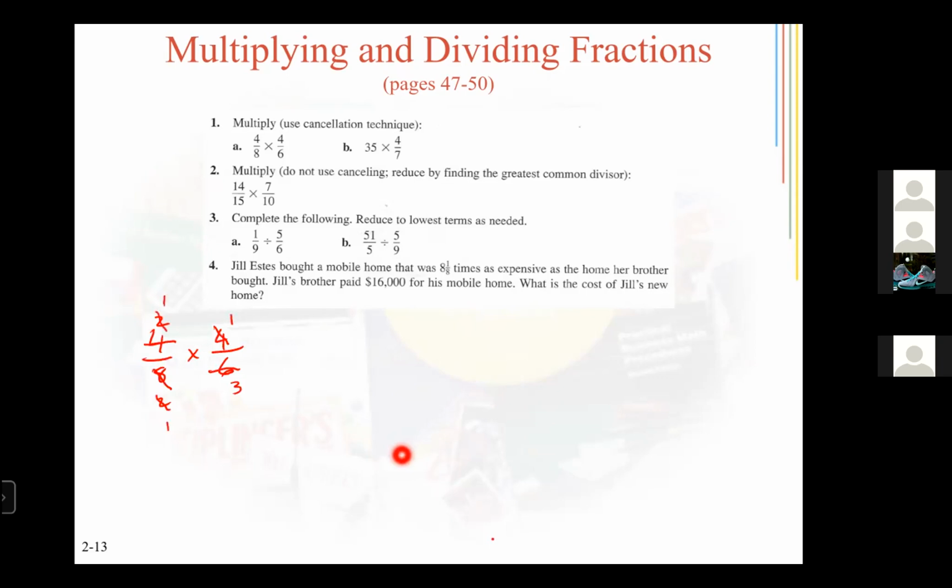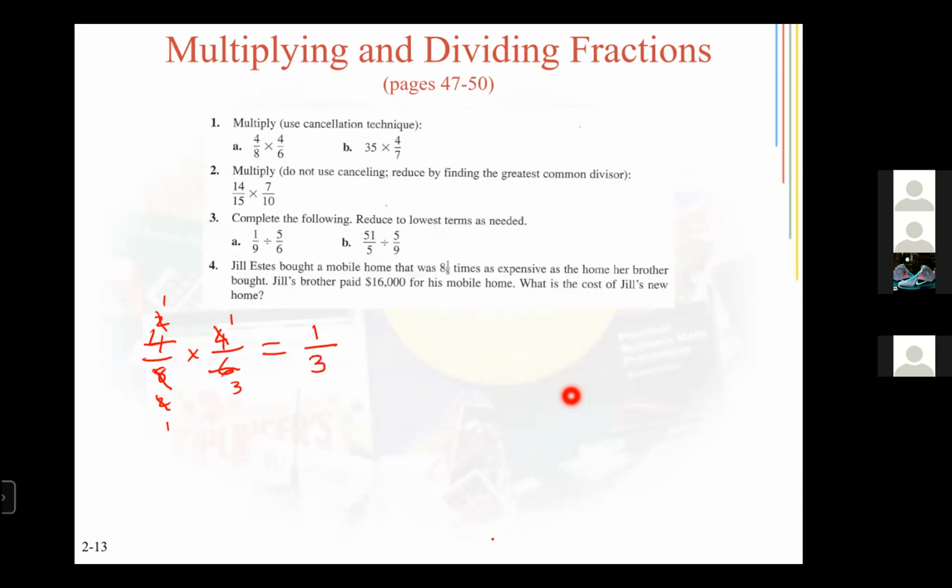So there's nothing else we could do. What's our answer now, after all that canceling? 1 over 3. 1 times 1 and 1 times 3 gives you 1 over 3. Okay, so that's the canceling technique.